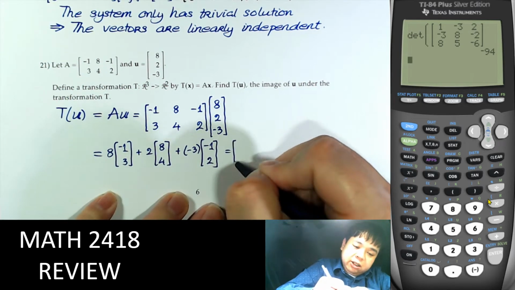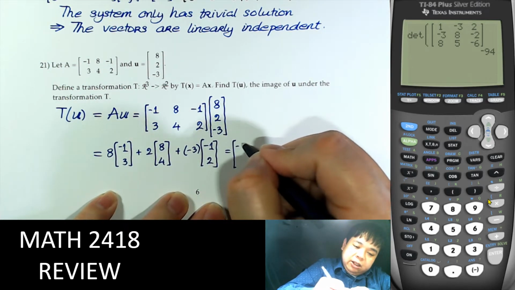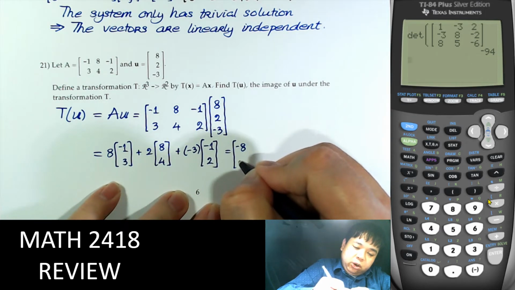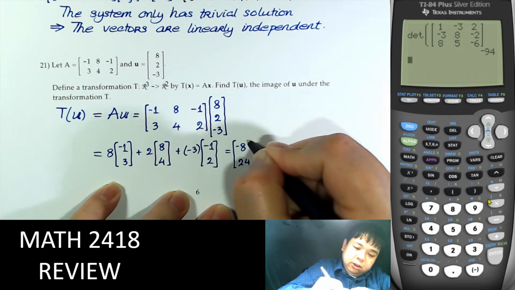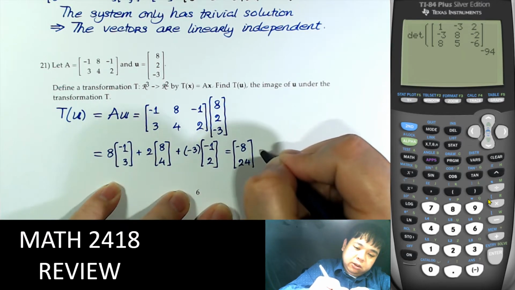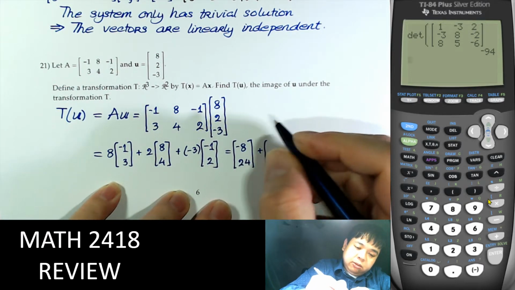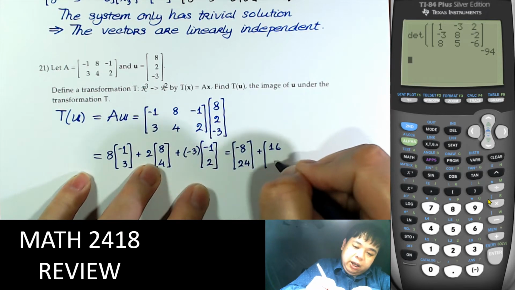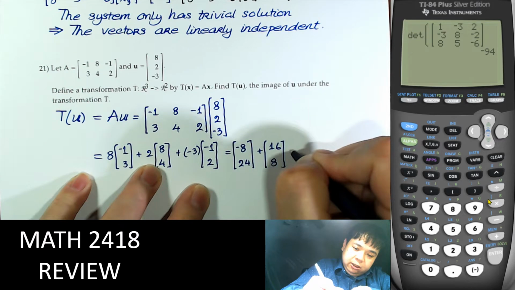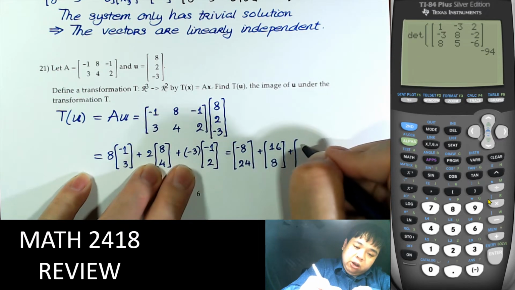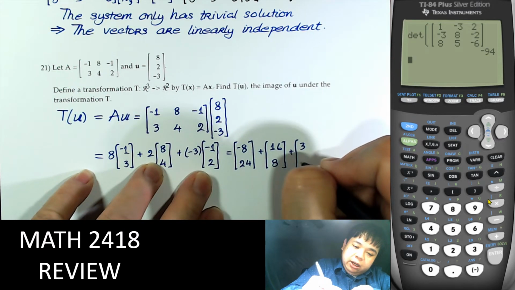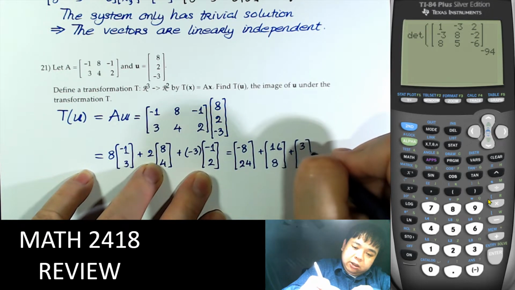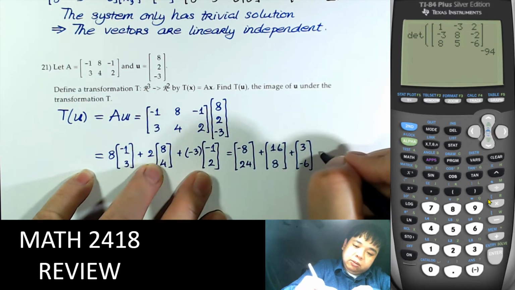So that gives us -8 and 24, 16 and 8, 3 and -6, 1.